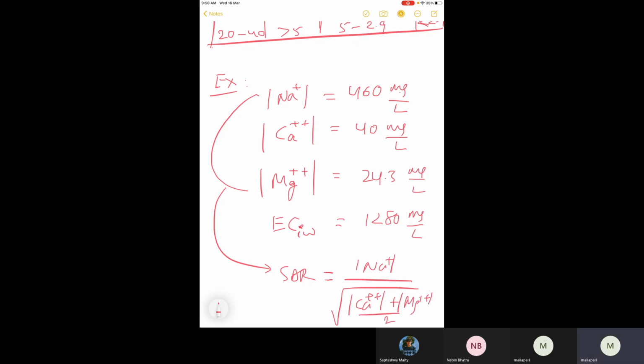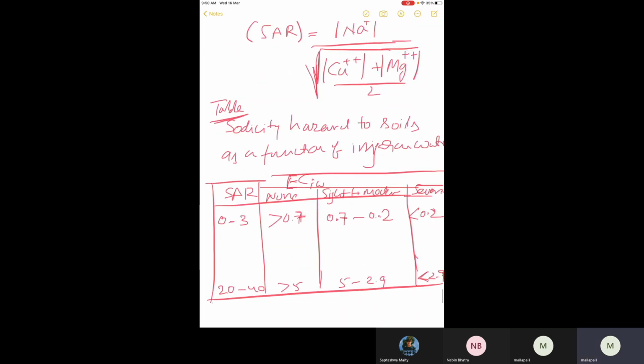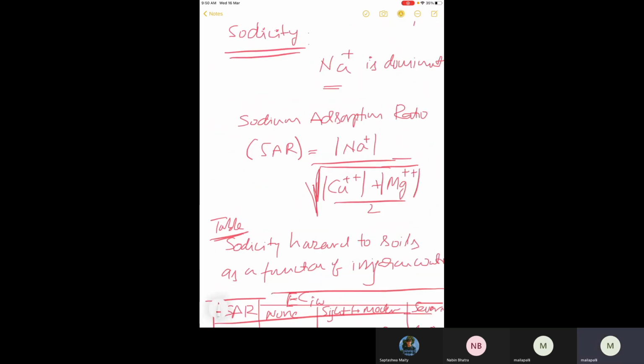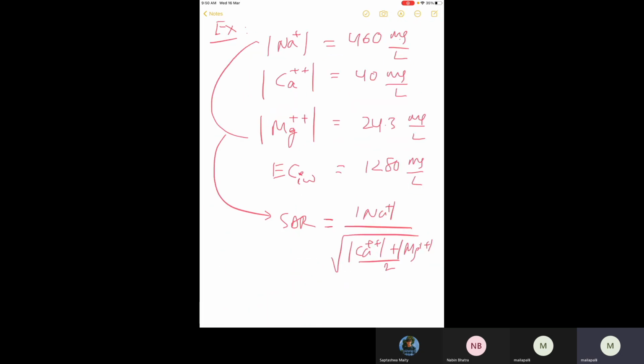The units in this equation are milliequivalent per liter for all these terms. But we have the values in milligram per liter, so you need to convert them into milliequivalent per liter. So, unit conversion.